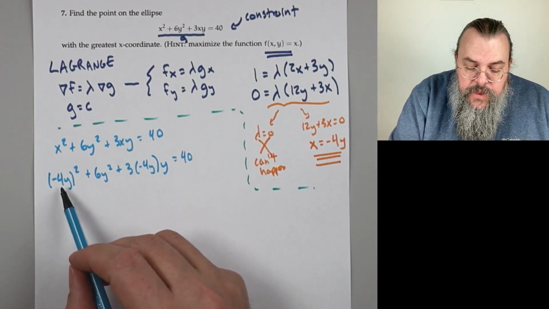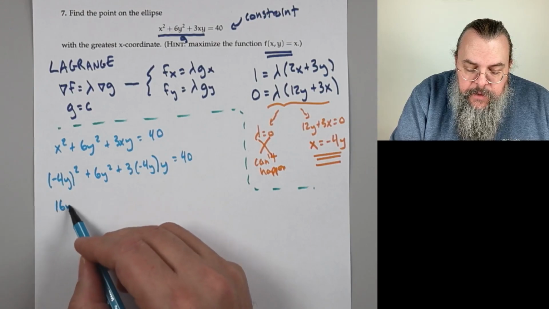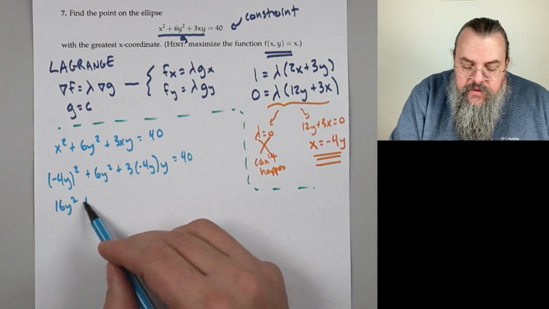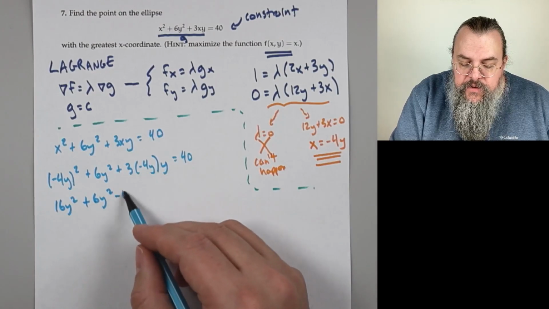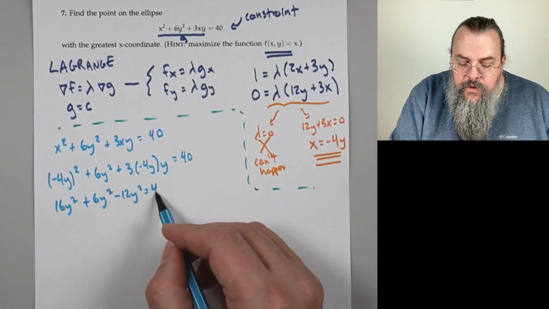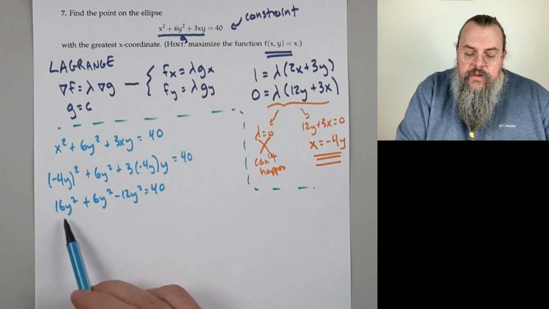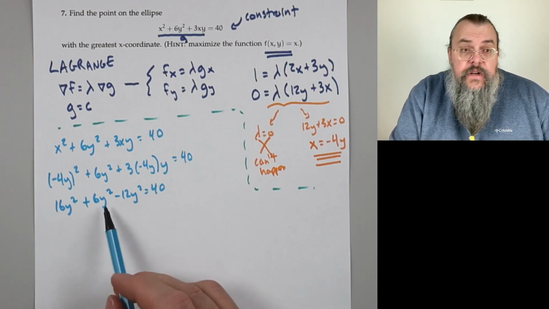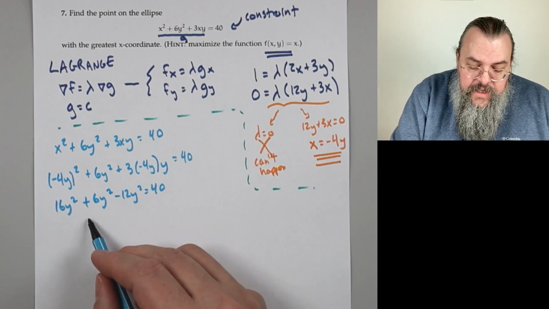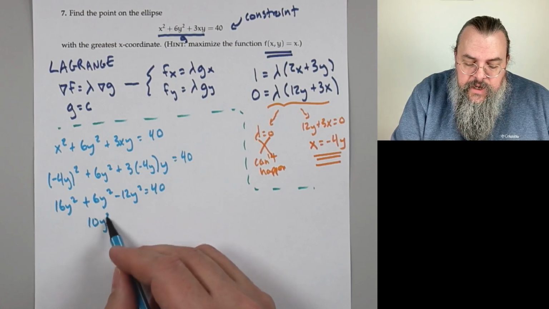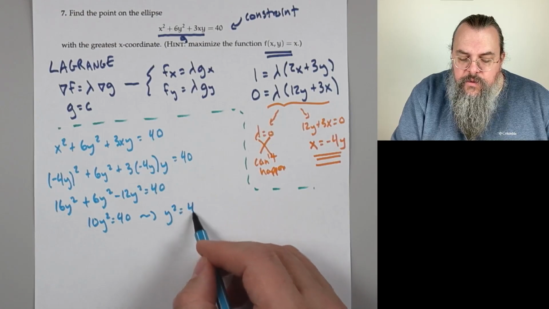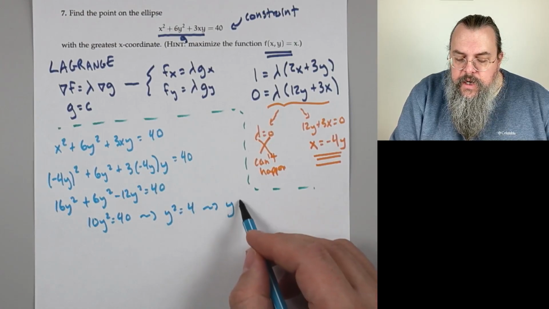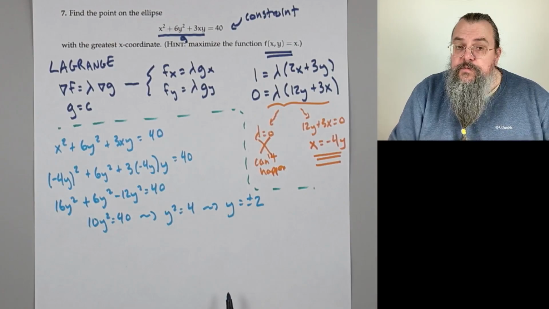Well, we start multiplying this out. 16y squared plus 6y squared, and then we're going to get minus 12y squared equals 40. And, well, okay, 16 plus 6 is 22. Subtract 12 gives us 10. 10y squared equals 40, or y squared equals 4, or y equals plus minus 2.